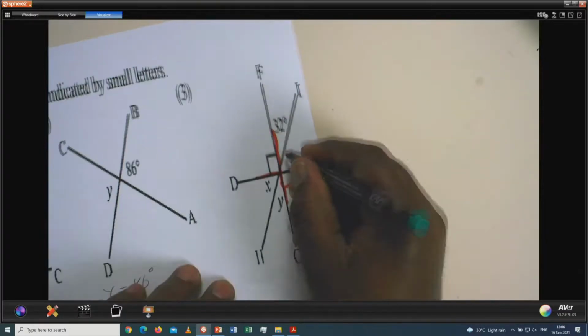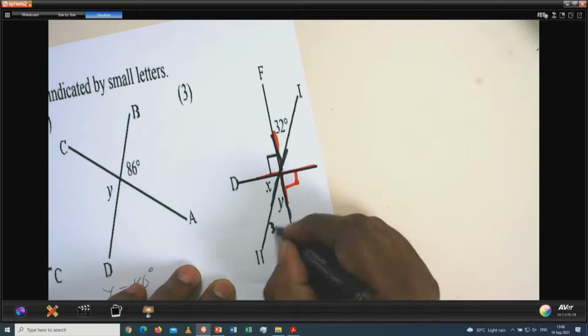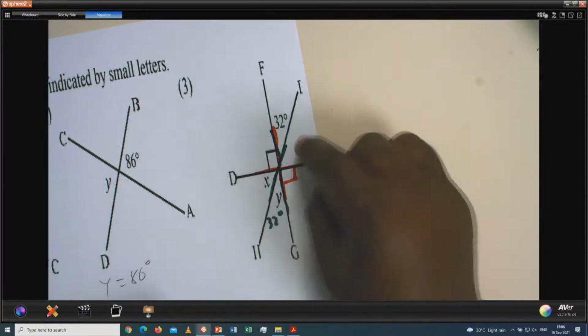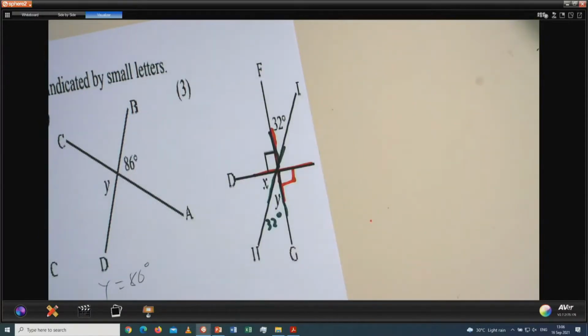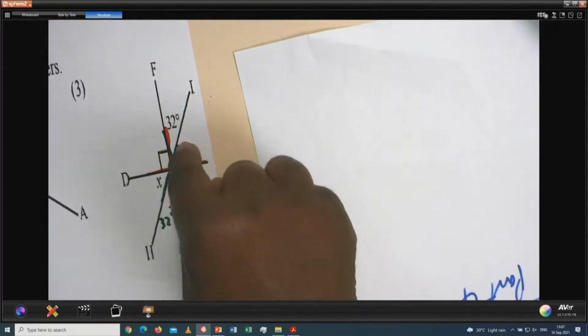Use your crayons if you don't see, until you see the picture. 32 degrees. X, no information. Therefore, what do I have left now? Where is X? In terms of vertical opposite, X does not make sense. You don't know the size here.